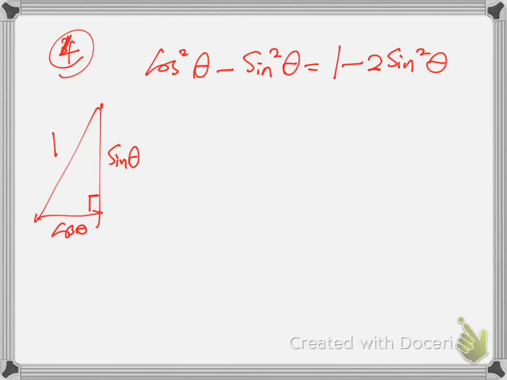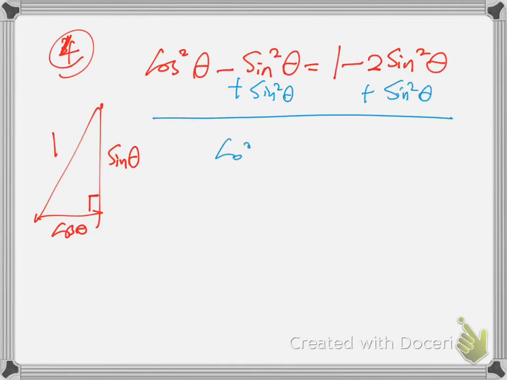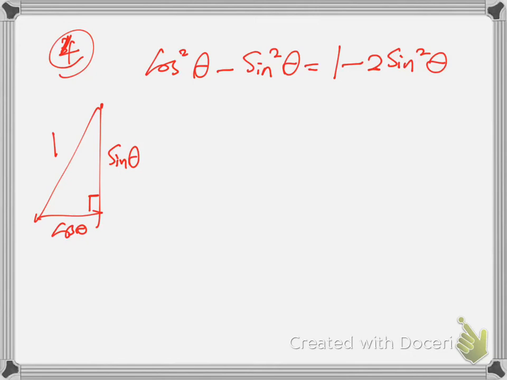They both have sine squared, so plus sine squared on both sides, and we got cosine squared. Let's start again because we didn't follow the left hand side, right hand side. So let's look at the right hand side here. The left hand side we cannot change.